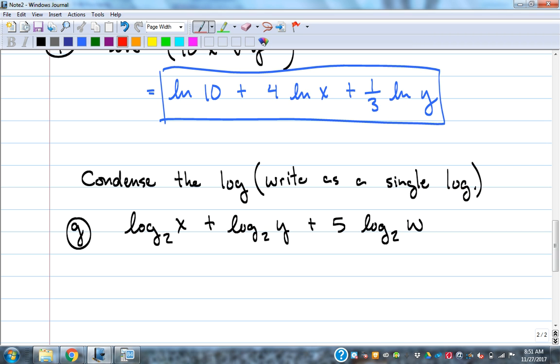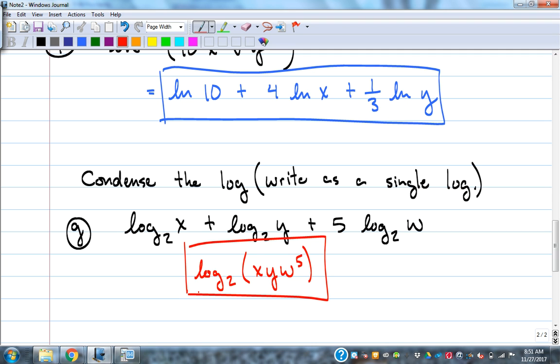An exponent on the w. So it's just undoing everything that we just did. So this should be log base 2 of x times y times w to the 5th. Now, obviously, when you start using this to solve equations, it's not going to have 3 variables in there. It'll have 1, but the idea is to be able to condense it together and build one log, and then all we've got to get rid of when we do the equations is 1 log instead of 3 of them, which is much easier to do.